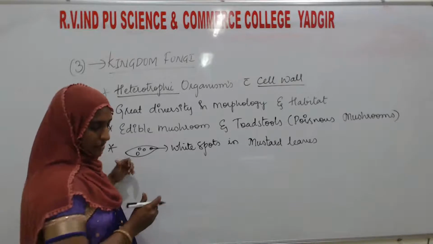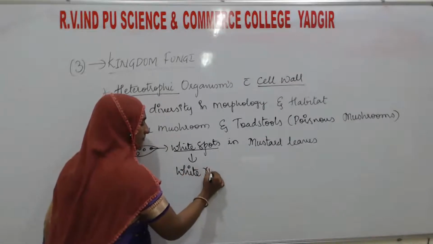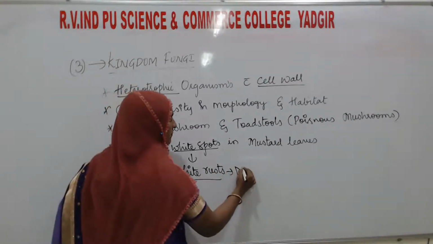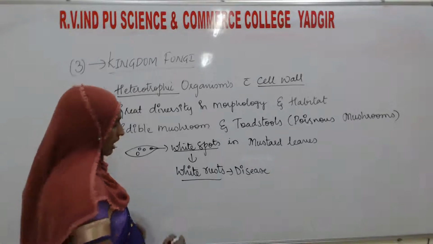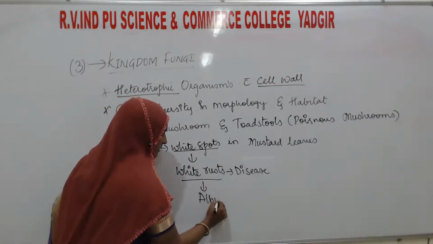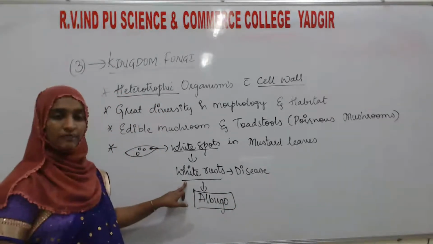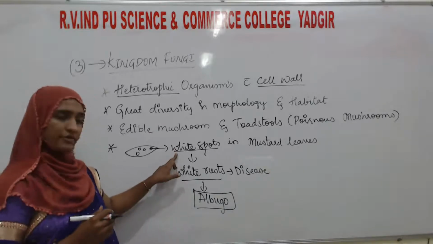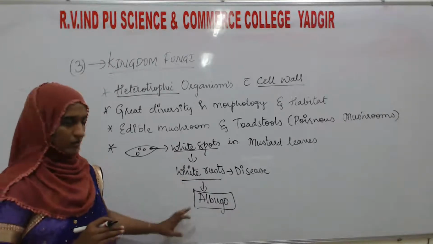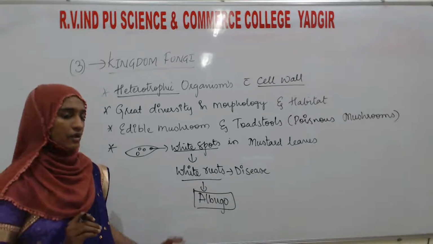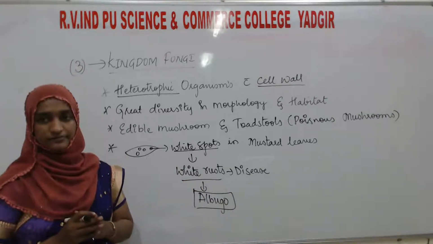The name of the disease is white rust. This disease is caused by a species of fungi, that is Albugo. Albugo is the fungus responsible for causing white rust, which causes the white spots on the leaves of the mustard plant.